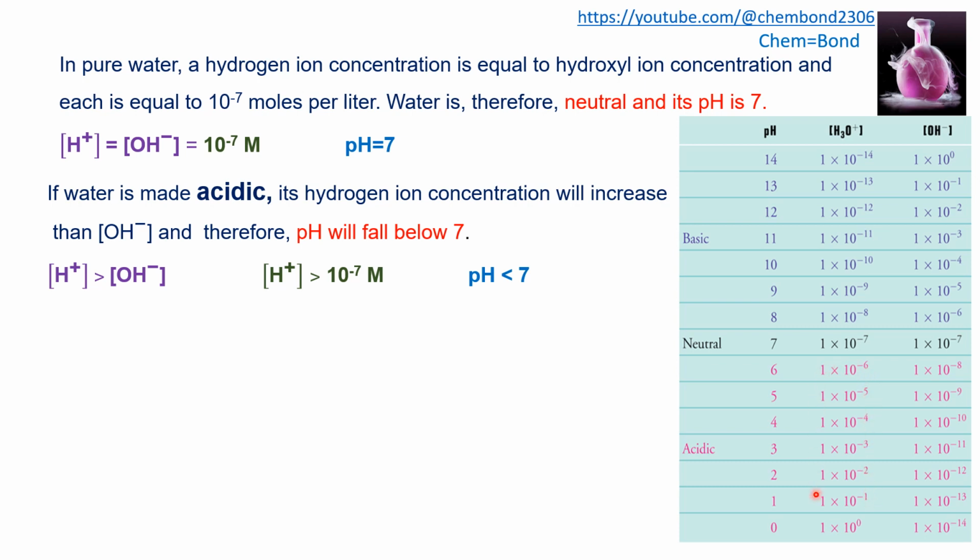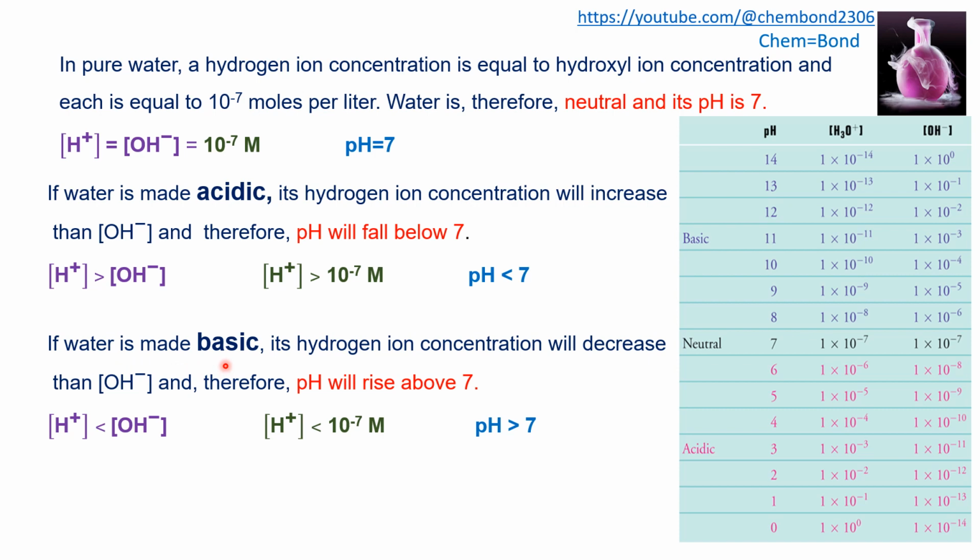All these terms are greater than 10 to the power minus 7. So the pH will be less than 7. So pH 6, 5, 4, 3, 2, 1, these result from 10 to the power minus 6, minus 5 and so on, which means that the hydrogen ion concentration will be greater than 10 to the power minus 7 and the pH will be less than 7. The solution will be acidic.